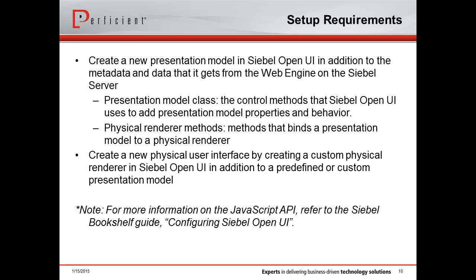Again, it gets a little bit technical, but this is laid out pretty well in technical detail with all the included methods, functions, and even examples in the Siebel Bookshelf Guide. It's really laid out well in the documentation that's provided.